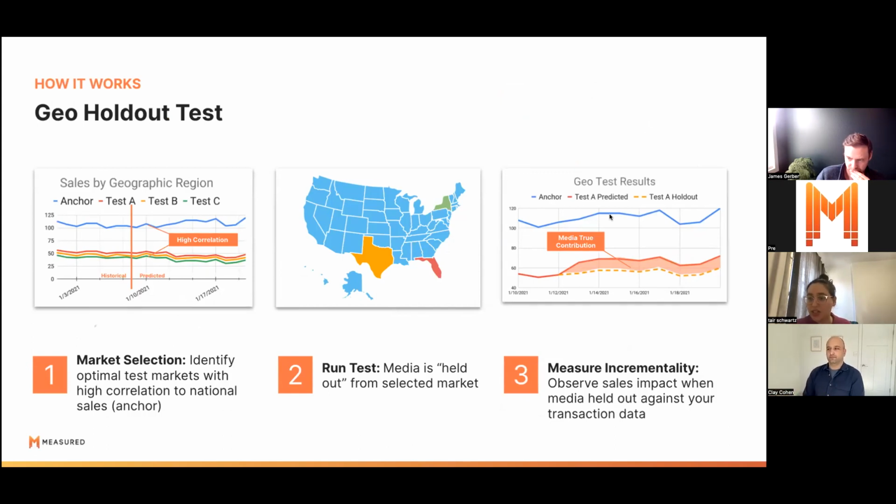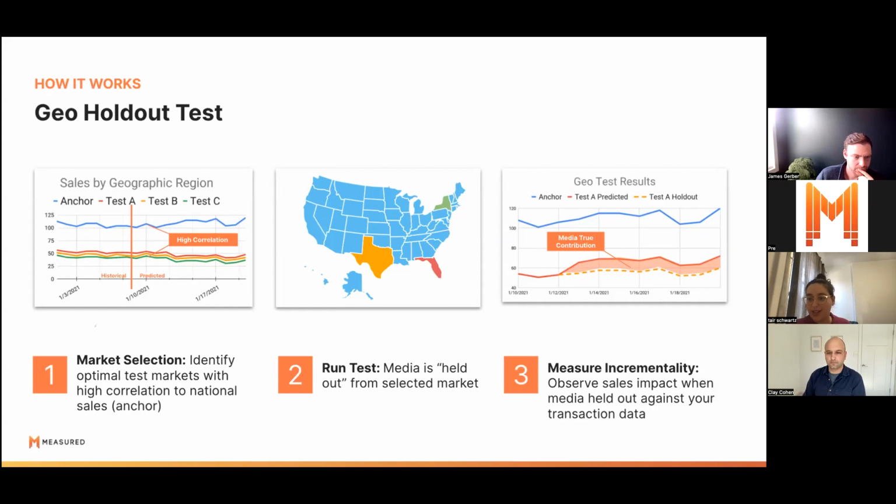Sure. So this is just the basics of geo testing methodology. It is centered on the fact that we use counterfactuals by having a predictor market and a predictee market. We're going to call the anchor the predictor and the test the predictee. This really starts with the market selection.